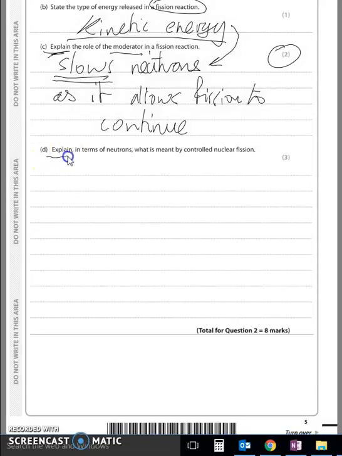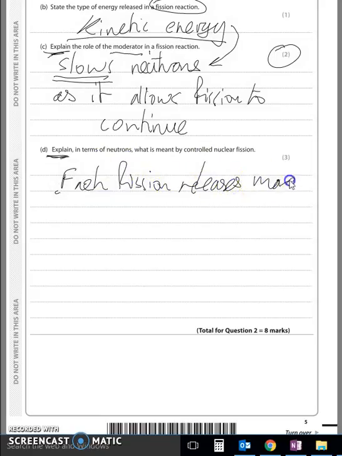Explain, in terms of neutrons, what is meant by controlled nuclear fission. Well, there's 3 marks here, and there's lots of marking points. So each fission releases more than 1 neutron. So you're going to get more than 1 neutron released, but you only need 1 neutron to destabilize the uranium in order for it to fission.